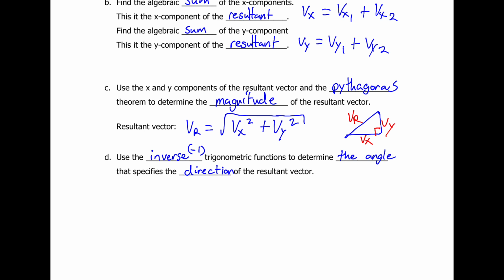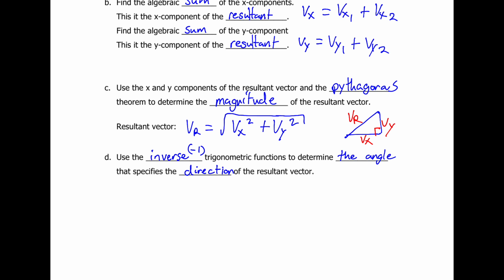Because this is a resultant vector, it has to have a magnitude, a size, and a direction somewhere to go. So we have to be able to find how big this is and in what direction it's going. So here we have the size and the inverse direction we use.